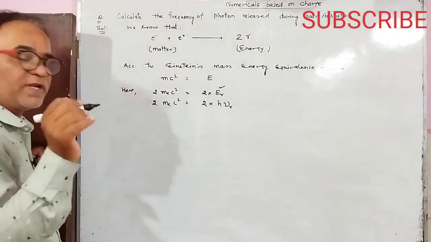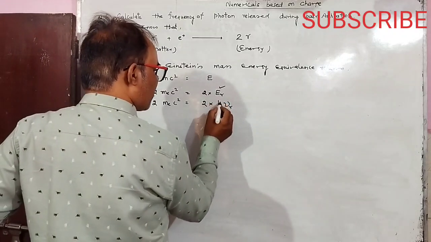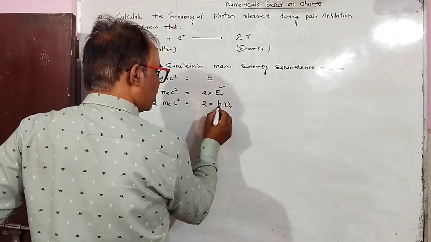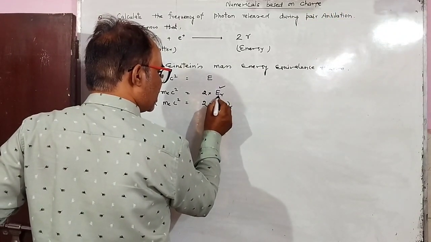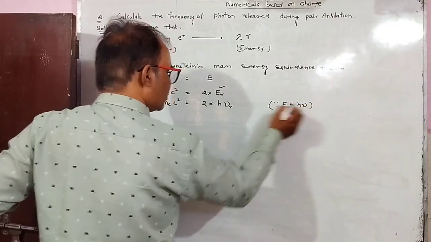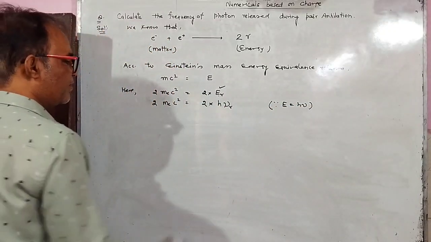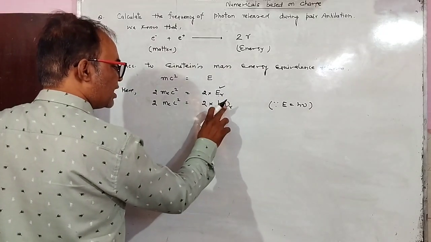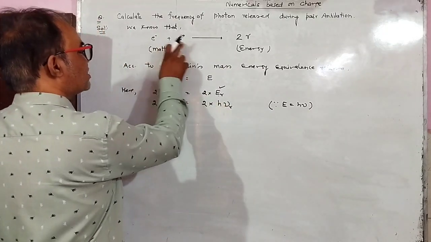In quantum physics there is a formulation, this gives E equal to h nu. So we are using E equal to h nu. This is the expression for frequency and this gamma is just to represent that this is for gamma ray.